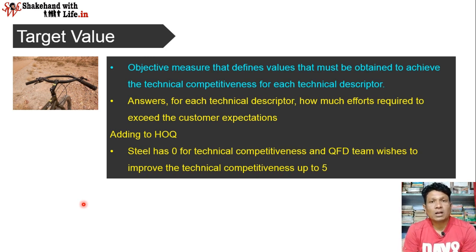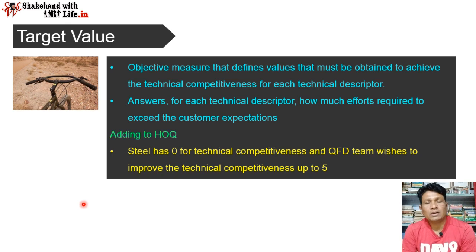In the technical competitive section, we already gave scores to the technical descriptors on the basis of their technical competitiveness. Now we want to improve the technical competitiveness for each technical descriptor, and this is defined by the target value. The target value answers, for each technical descriptor, how much effort is required to exceed the customer expectations.